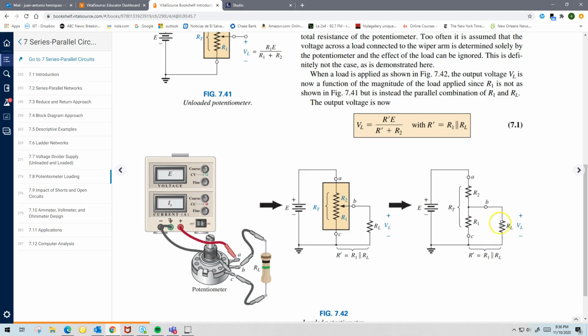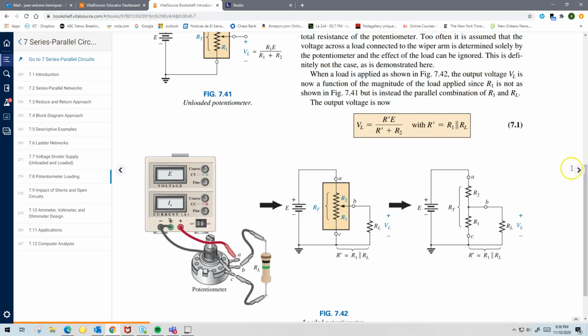This resistance R prime is the parallel combination of R1 and RL. That's what R prime represents. So by voltage division, this voltage is going to be equal to R prime divided by R prime plus R2, times the voltage that splits.